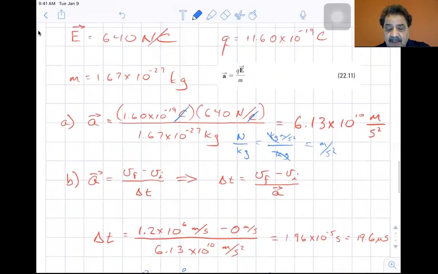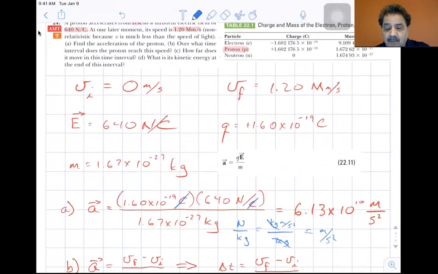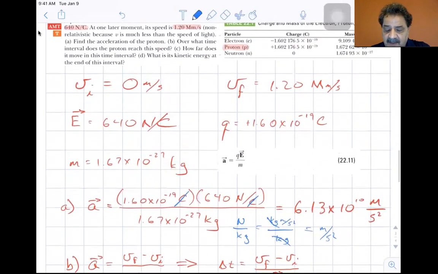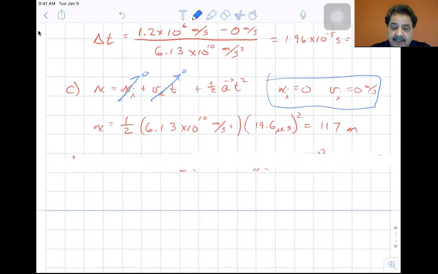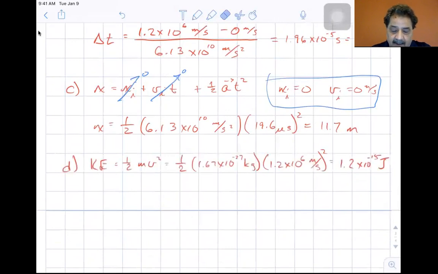Now let's look at the last part. What is the kinetic energy at the end of this interval? Well, kinetic energy, KE, is equal to 1/2 mv squared. So we take 1/2 times the mass, 1.67 times 10 to the minus 27 kilograms, times the final velocity, 1.2 times 10 to the 6 meters per second, squared.